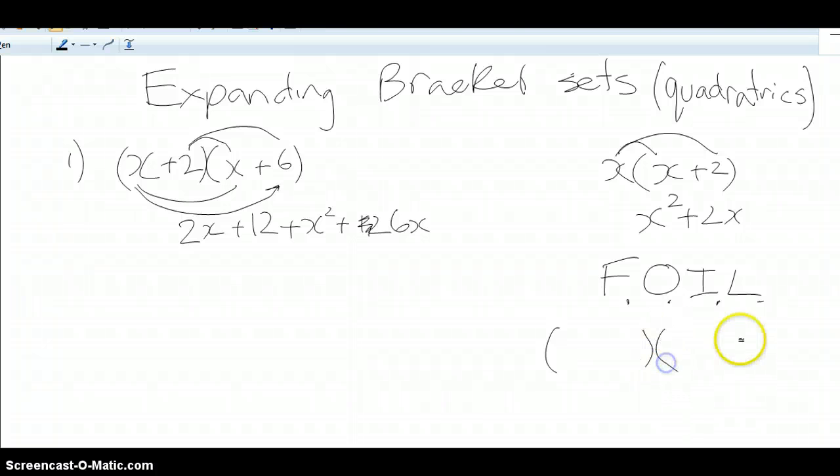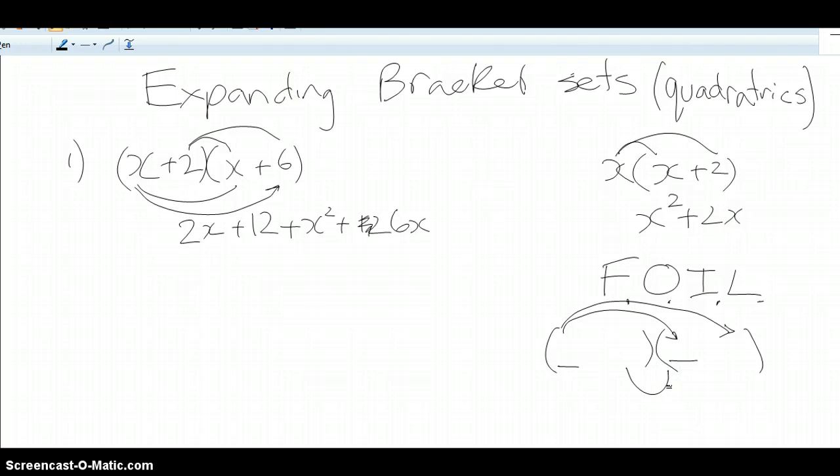Okay, here we go. First means multiply the first two terms together. The first two terms in the brackets. Outside means multiply the outside two terms together. Inside means multiply the inside two terms together.